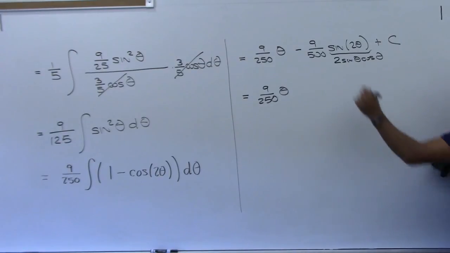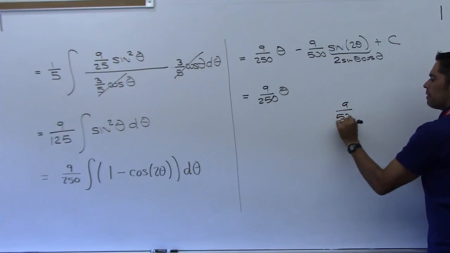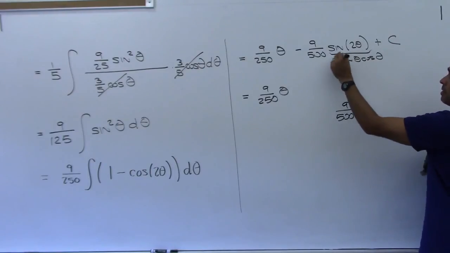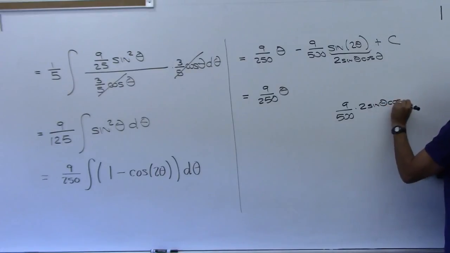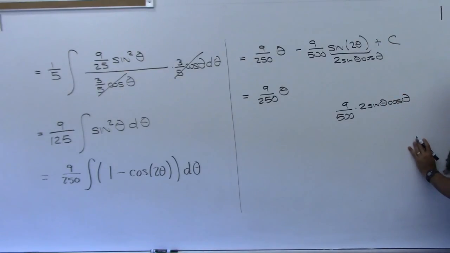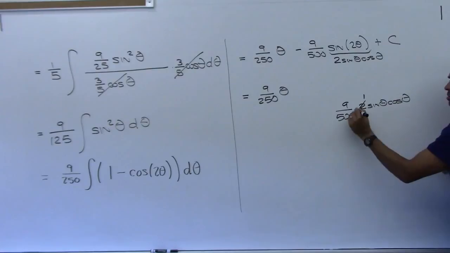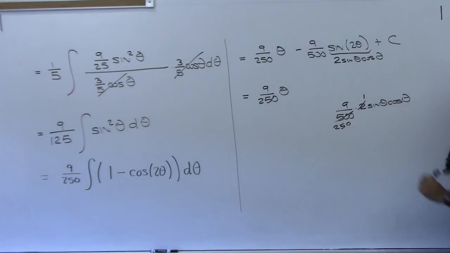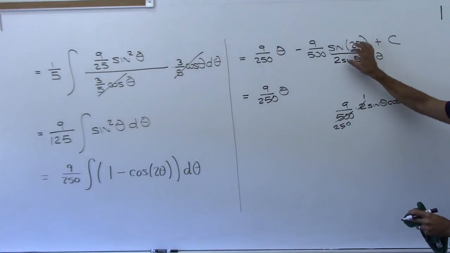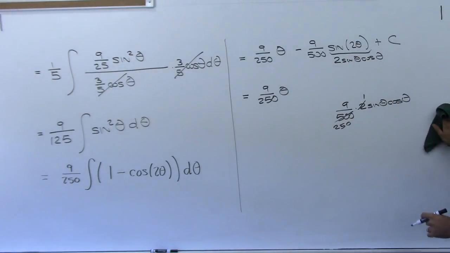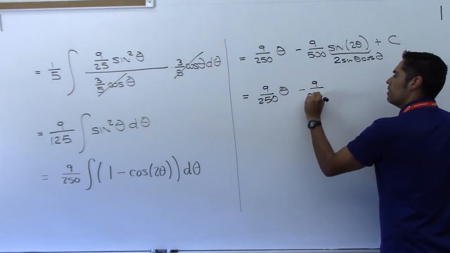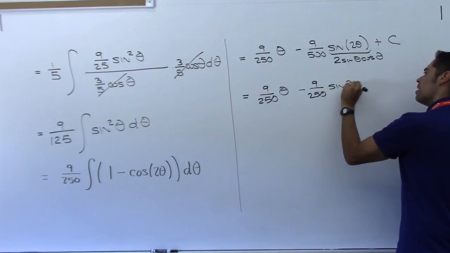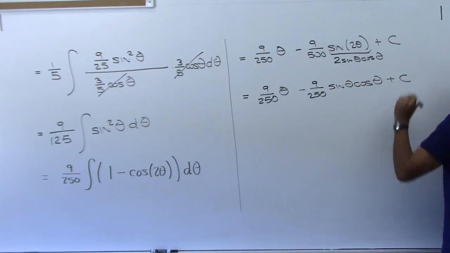No? I'm saying this sine 2 theta is 2 sine theta cosine theta. The 2 is on top, right? And then 2 goes into 2 once, 2 goes into this 250 times. So it's 9/250. I just wrote it down here to show you what this is, but the 2 is on top. So because of that, my next one is minus 9/250 sine theta cosine theta plus c.